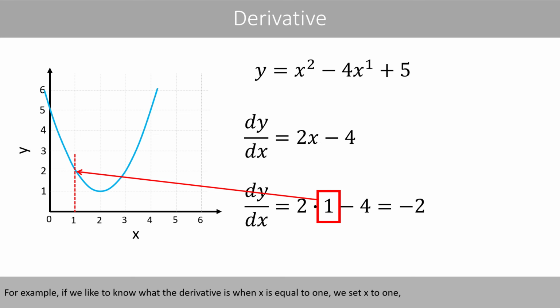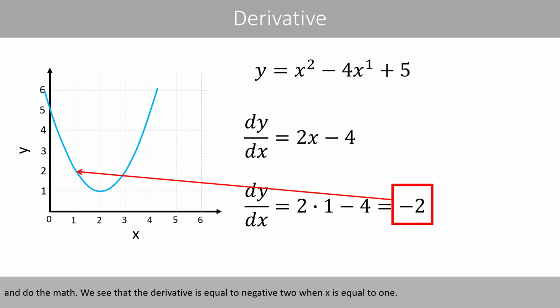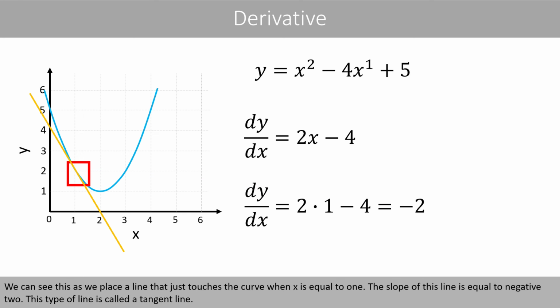For example, if you like to know what the derivative is when x is equal to 1, we set x to 1 and do the math. We see that the derivative is equal to negative 2 when x is equal to 1. We can see this as we place a line that just touches the curve when x is equal to 1.